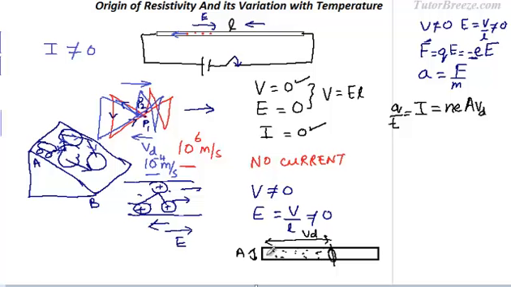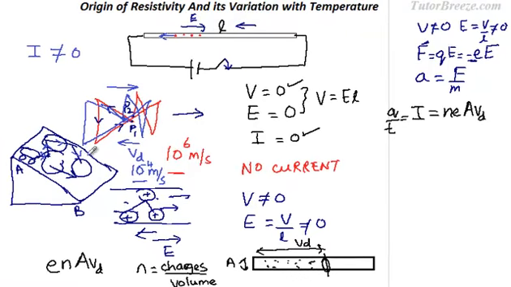So the total charge present in this volume: A times v_d is the volume of this conductor, n is the number density, the number of charges per unit volume. This is just the number, and each of these charges is an electron. So this is the total charge which is present within this volume and which is flowing across this imaginary area in 1 second. So the current I is given by neA times v, the drift velocity.